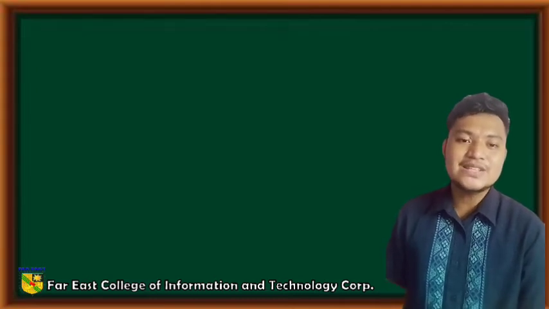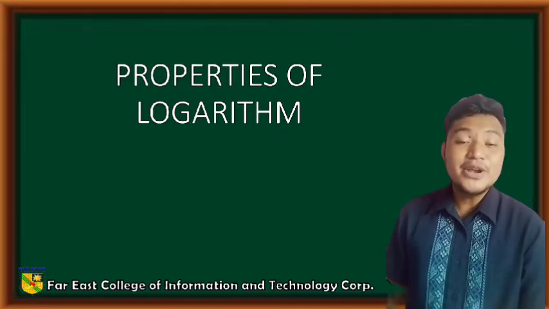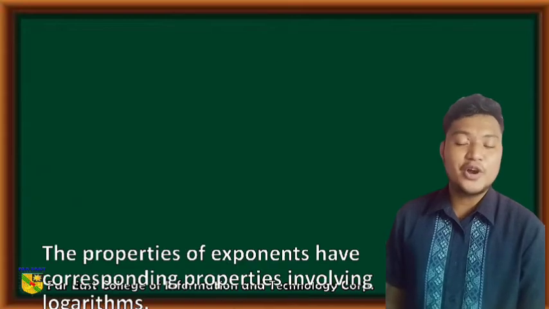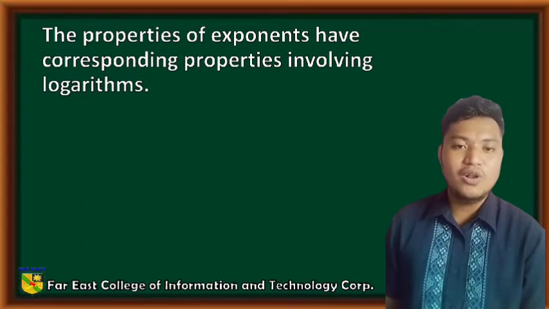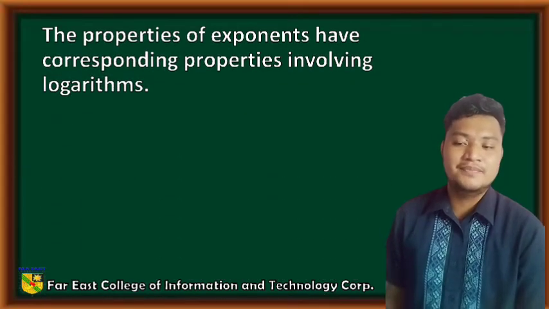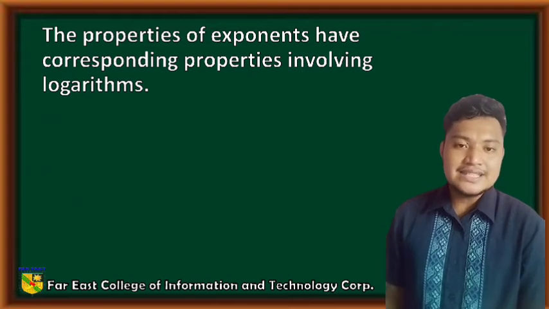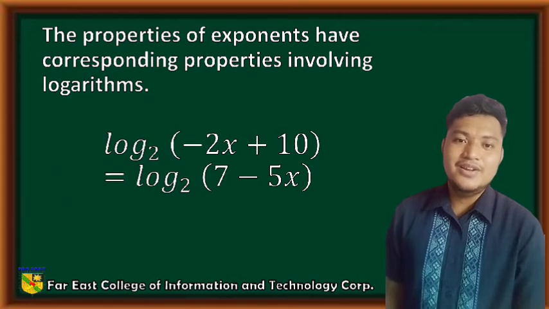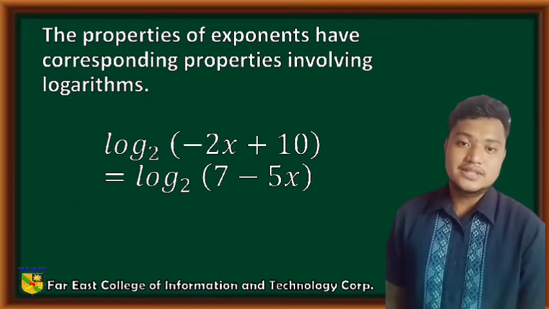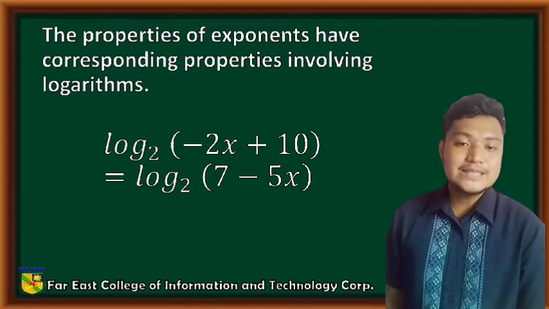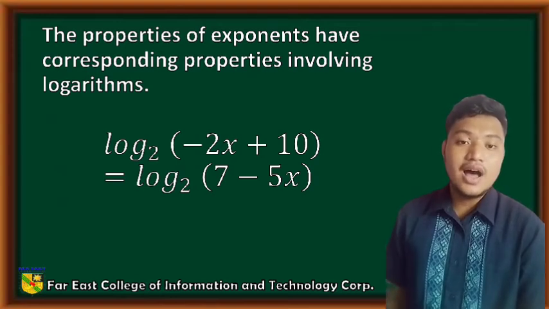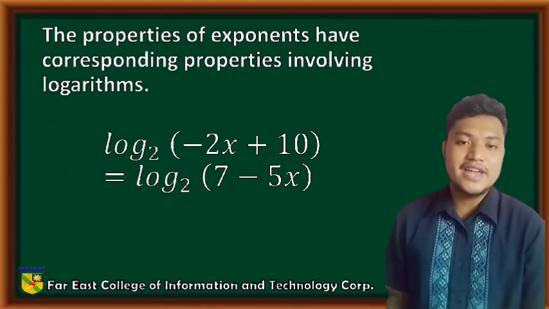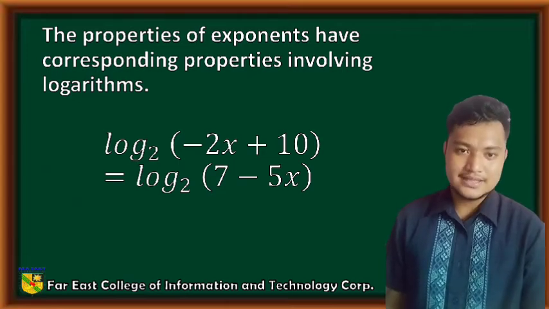In the properties of logarithms, the properties of exponents have corresponding properties involving logarithms. So, here is an example equation for the properties of logarithm: log base 2 of (negative 2x plus 10) is equal to log base 2 of (7 minus 5x).